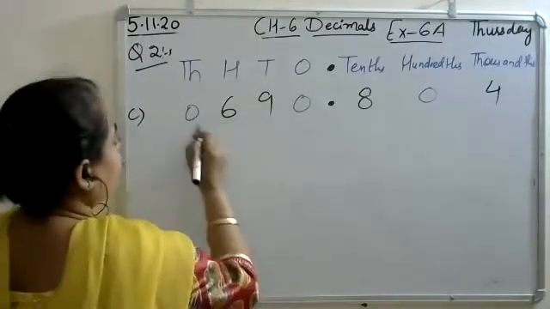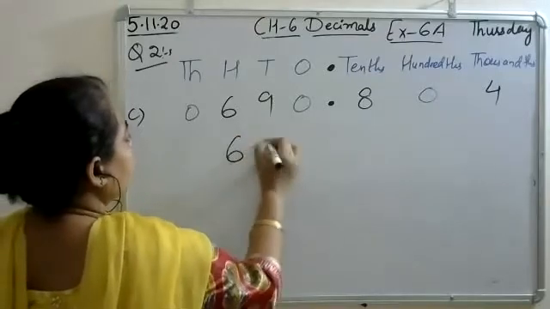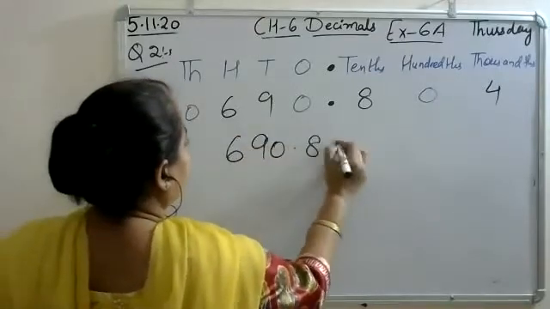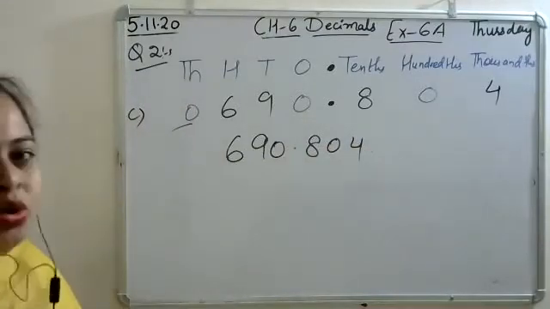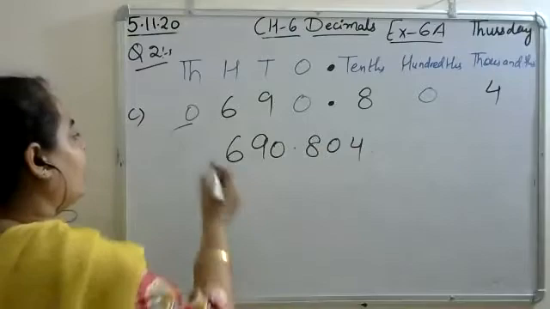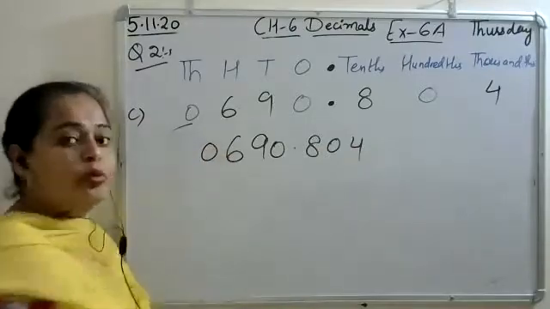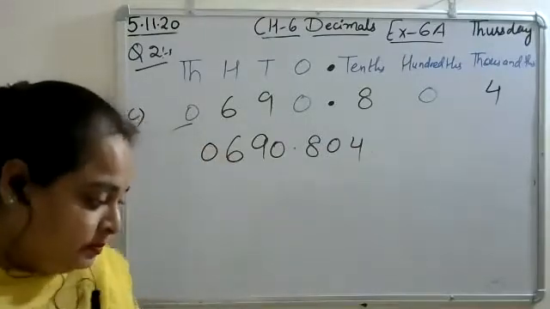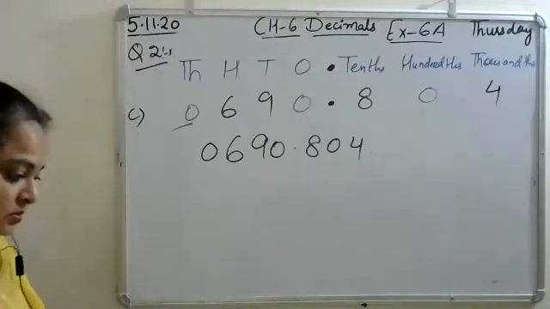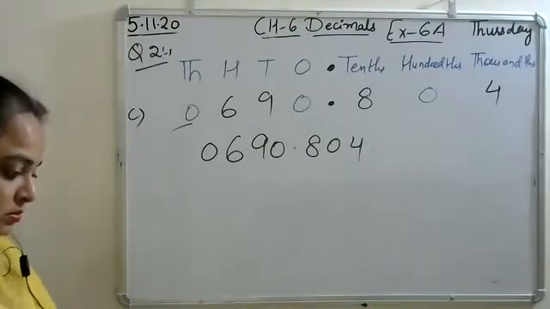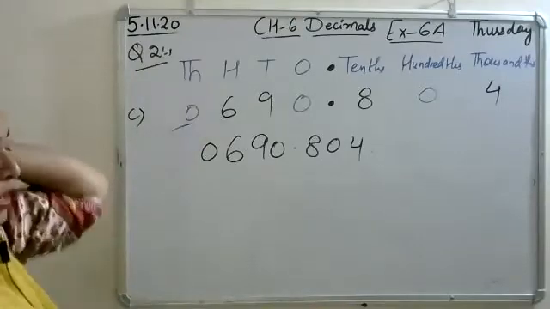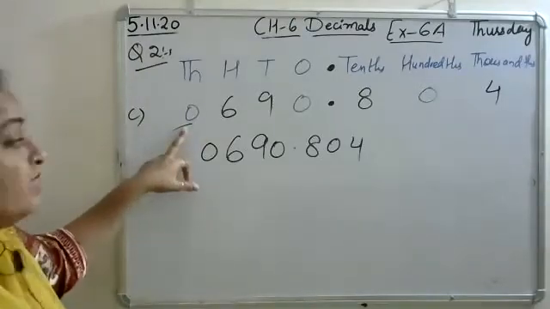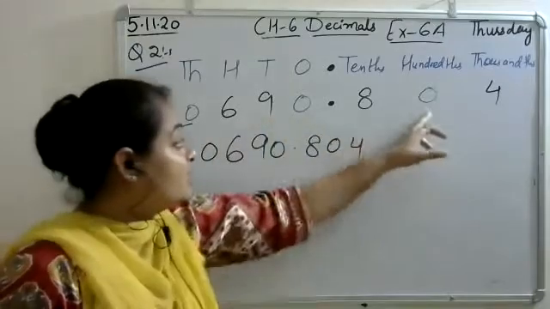So this is, you can also write this as 690 decimal 804. No need to write this 0. No need to write this 0. You can write or ignore also. Both are the same thing. Very good. Well done. Yes, very good response from all of you. And you can write this 0 or ignore this 0. Not middle 0.